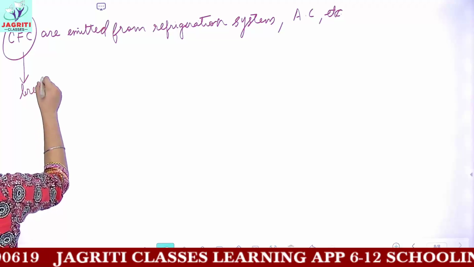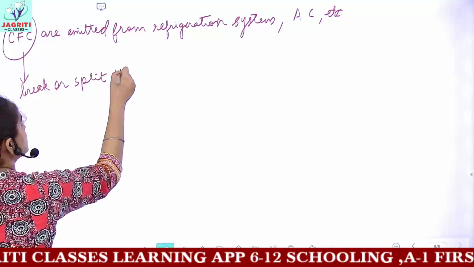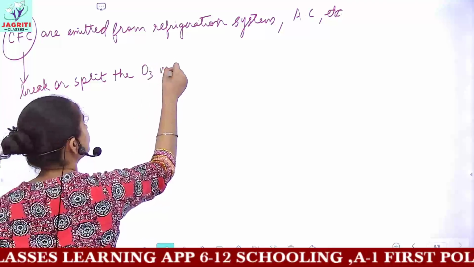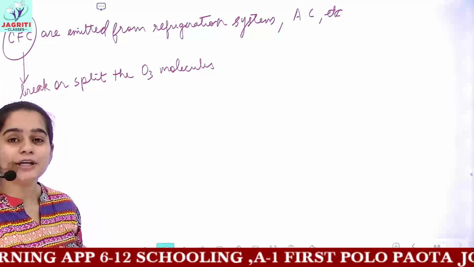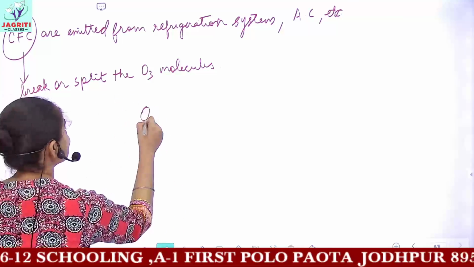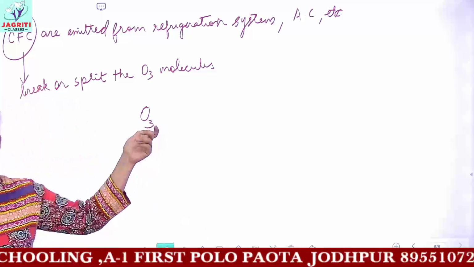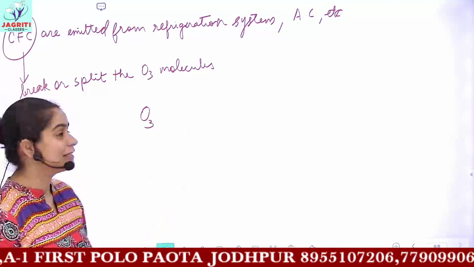or split the ozone molecules. You are not being given the mechanism by which ozone depletion occurs. But if we talk about the mechanism in short, then this is your ozone molecule, which is a triatomic molecule containing 3 oxygen atoms.